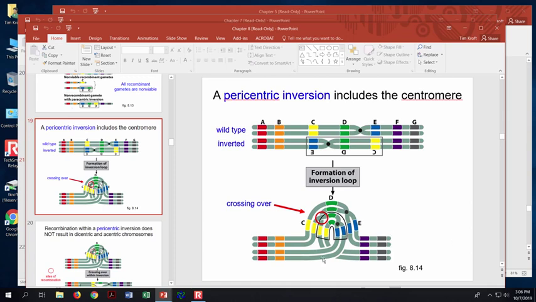It's this twist in the inversion loop that causes all the trouble. Instead of the paracentric case, where you get an acentric chromosome that's lost, and the trouble for the gametes is that some genes are lost, here you're going to have an exchange between the non-sister chromatids, but it's going to be an unequal exchange.